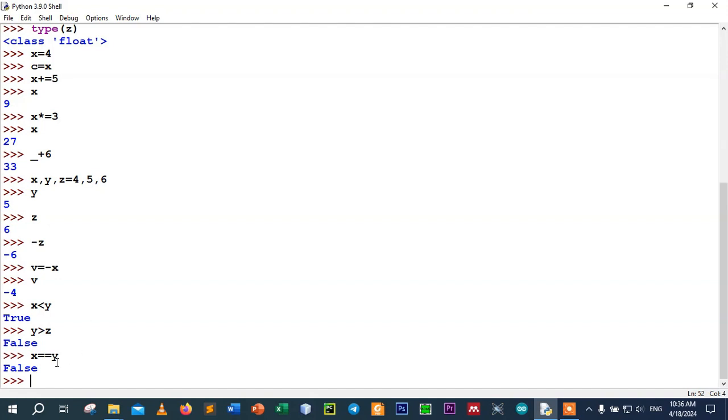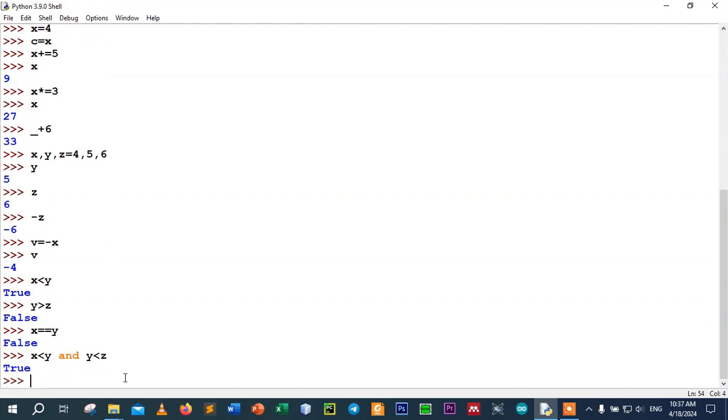What about, for example, x less than y and y less than z? I think it is true, because x is 4 and less than 5, 4 less than 5, true. 5 less than 6, true.